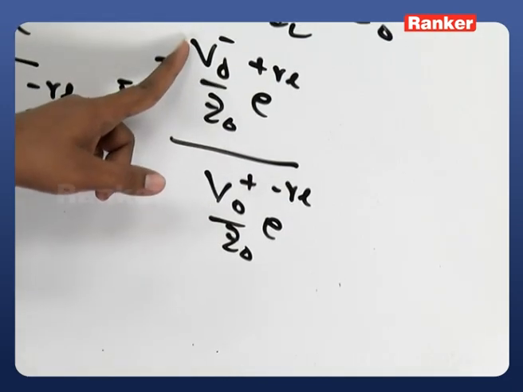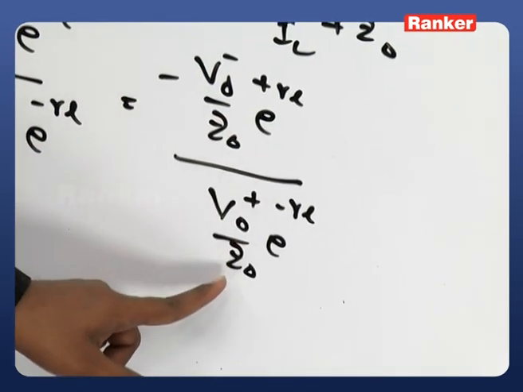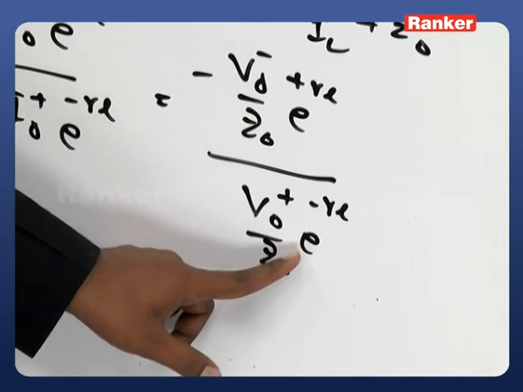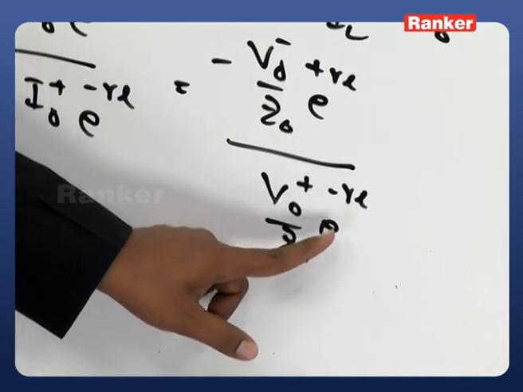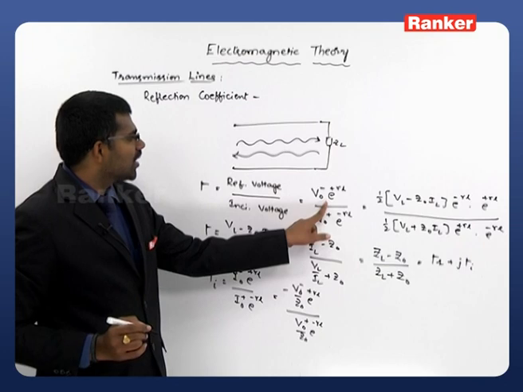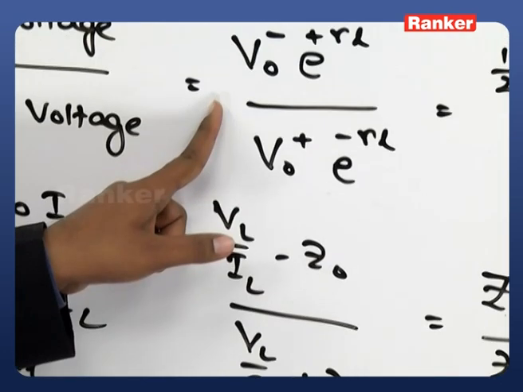Minus of V naught minus e power plus gamma L divided by V naught plus e power minus gamma L. Just observe this term. This term is very much similar to the earlier term with a negative sign over here, right?